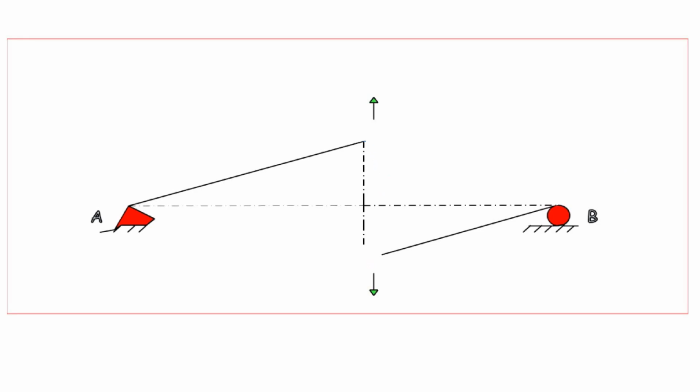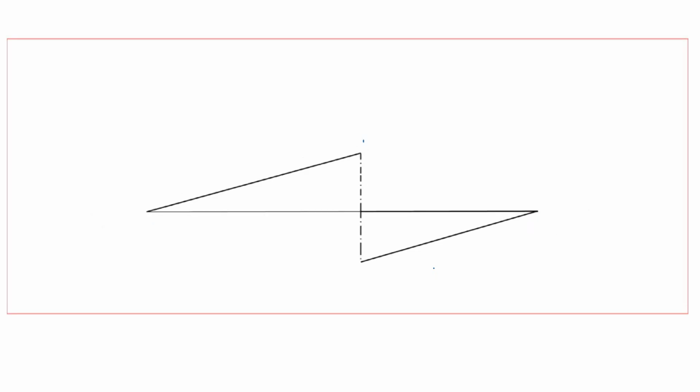The top portion ordinate is not known to us, and the bottom portion ordinate is also not known to us. We can solve it simply, and in the upcoming slide you will see the shape of the influence line diagram for shear force at this particular cut.